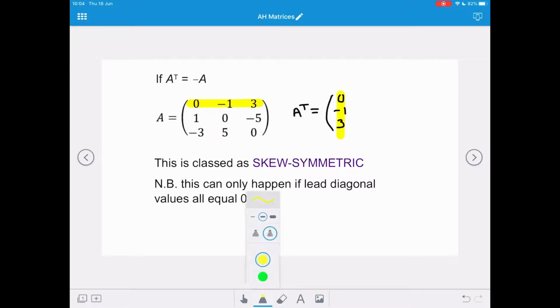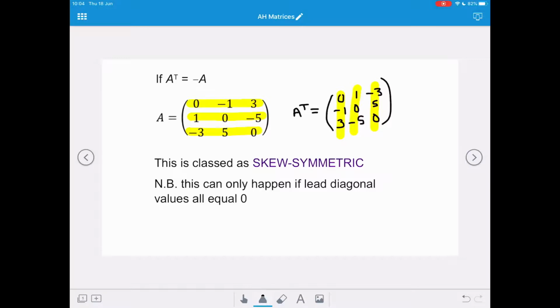Then our second row becomes our second column, and so that's 1, 0, negative 5. And our third row becomes our third column of our transpose, and that will be negative 3, 5, 0.